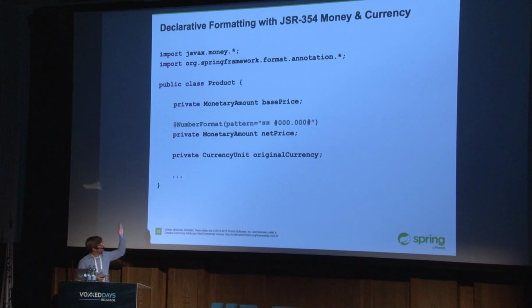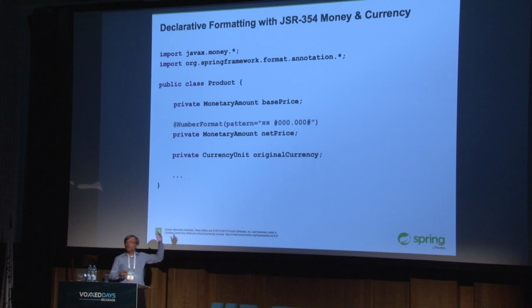You may also choose to assign formatting patterns to those, very similar to what we just saw for the java.time package. So we even do this for the javax.money package as of Spring 4.2 now.